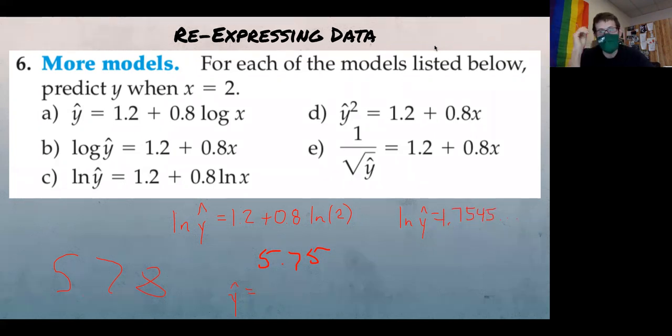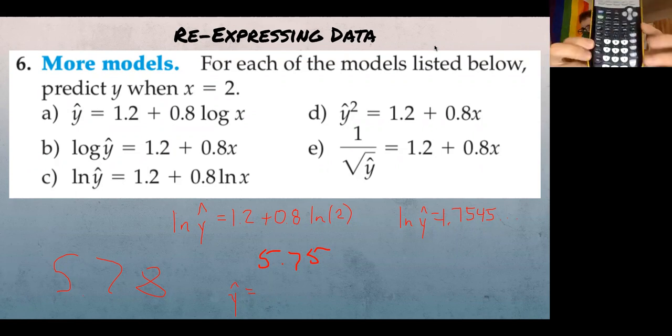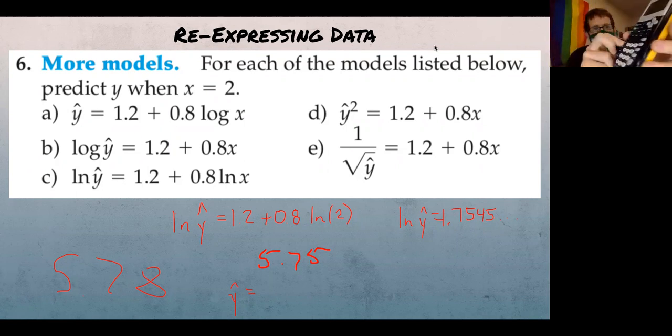So the question is, what's the inverse of natural log? Even if you never had a class where you dealt with this, I'm feeling everyone has at least worked with natural log to some degree. If you don't remember the inverse of it, the good thing is that on your calculator, the inverse is always the second function. So if natural log is your function, then e to the x power is your inverse of that.